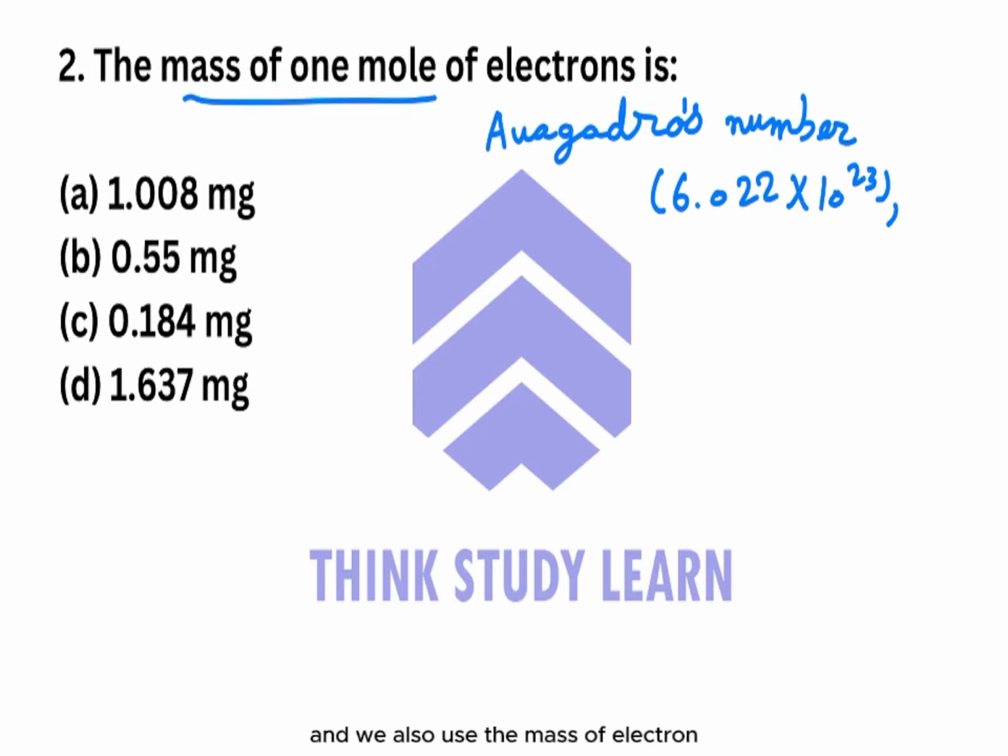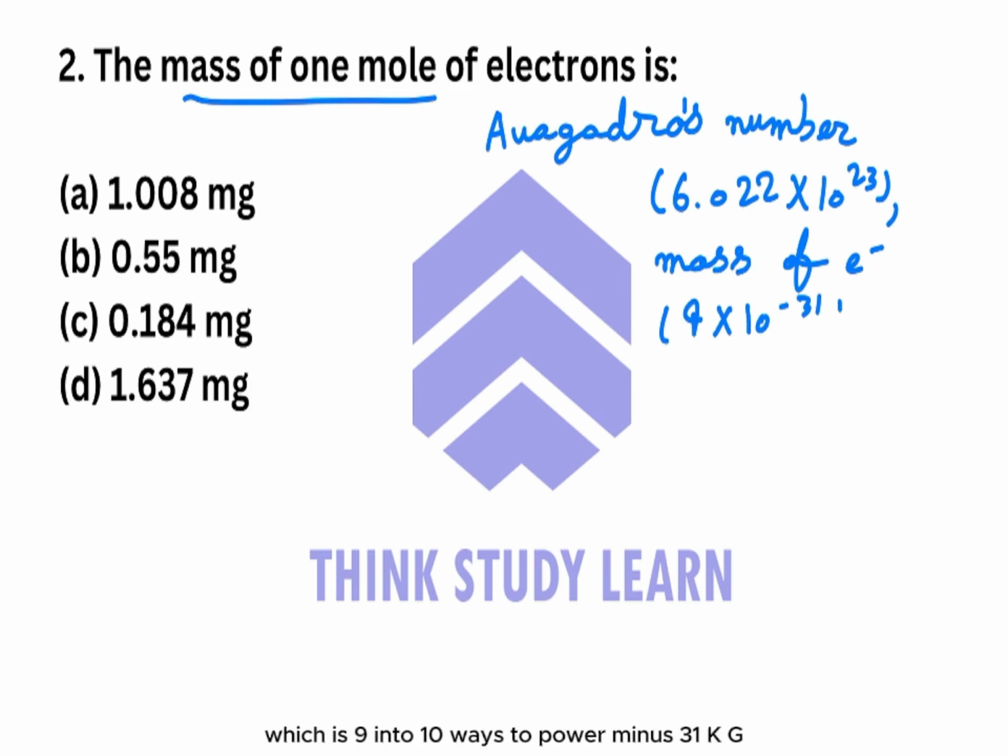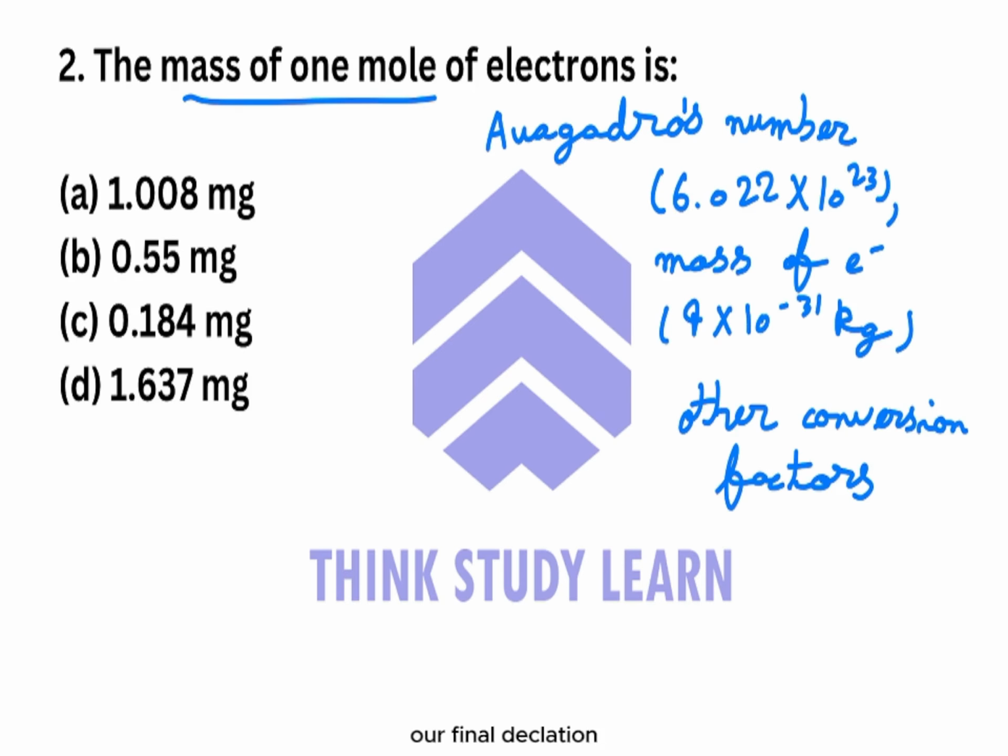And we also use the mass of electron, which is 9 into 10 raised to power minus 31 kg. And we use other conversion factors as well. Our final calculation gives the value of 1 mole of electron equal to 0.55 mg.